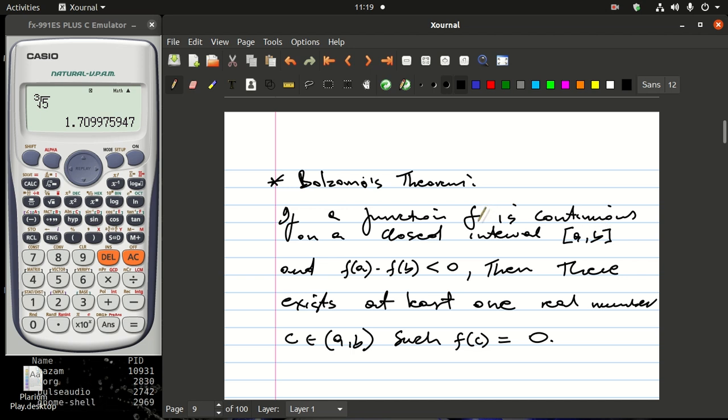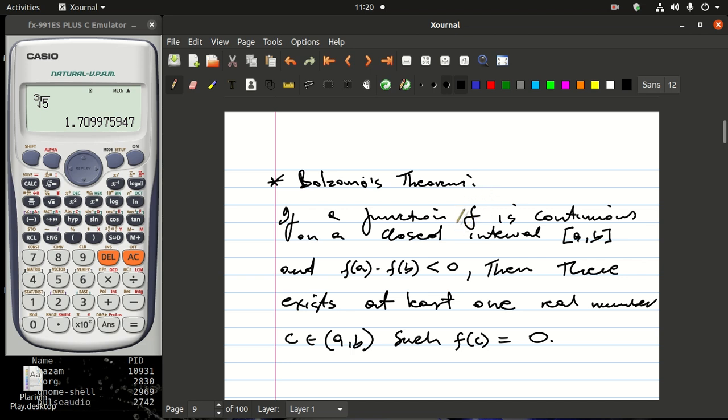And I know that this function is continuous, then this function must actually have a root. In other words, it must cut the x-axis. That's what this theorem is saying. If at least in this interval, the output of these two is one negative and the other positive, then this function must have a root, or it must have an x value whereby the output is 0.